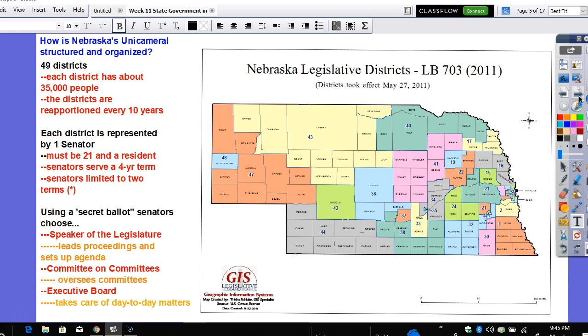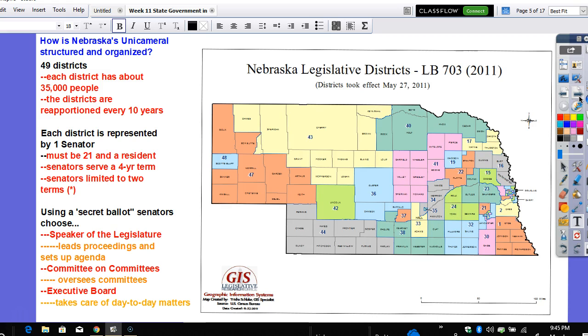To be a state senator, you have to be a resident within the district that you're going to represent, and you have to be 21 years old, and of course you have to be a legal citizen of the United States. A senator's term is 4 years.